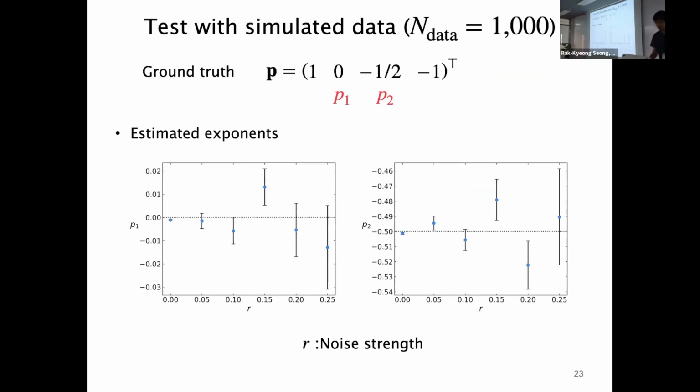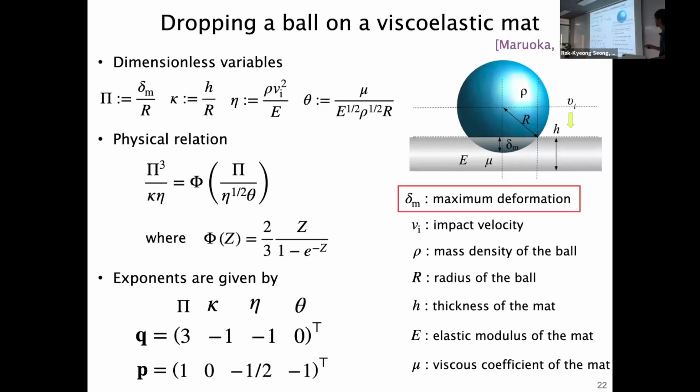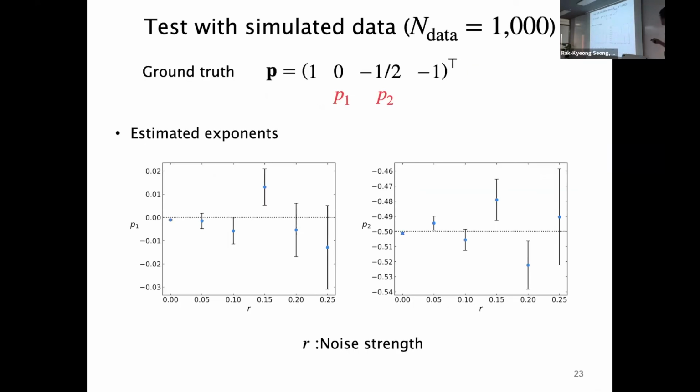So we first tested this method using generated simulated data that obviously satisfies this relation. We generated 1,000 training data, and the ground truth of this P vector is this one. And since we can always set this part to 1 and this part to -1 without loss of generality, our problem is to find the correct values of these P1 and P2 components here.